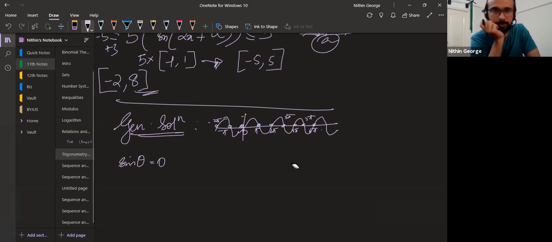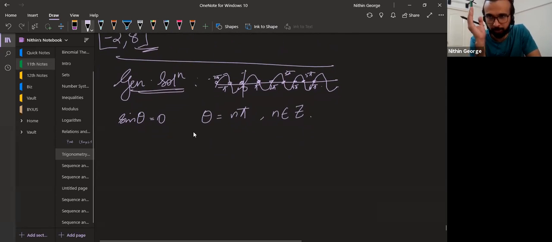So what do you say about theta? You will say theta is n pi. I'm giving you full tosses here. So whenever you see sine theta equal to 0, it means theta is equal to n pi. From the graph itself, you can get it.